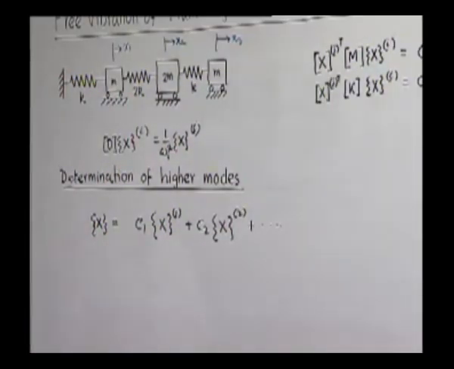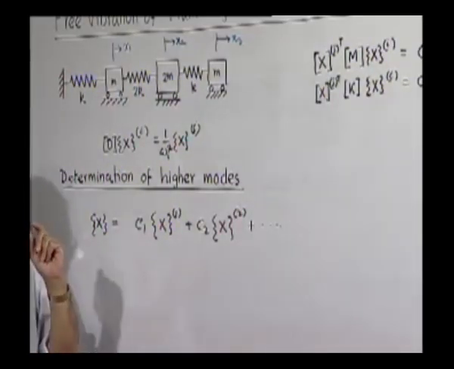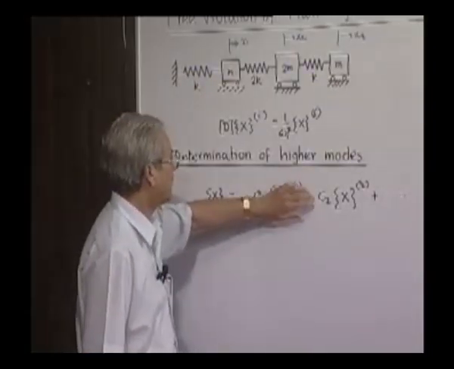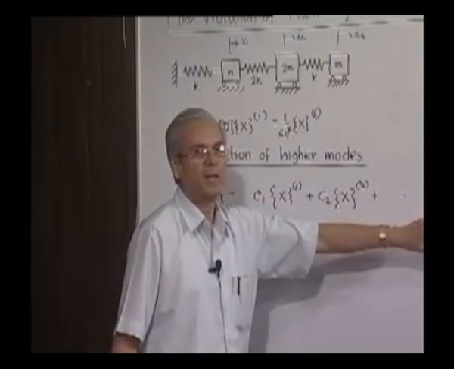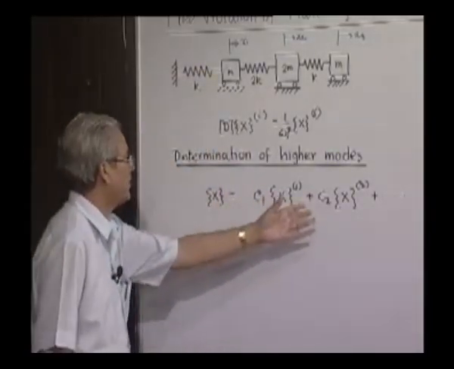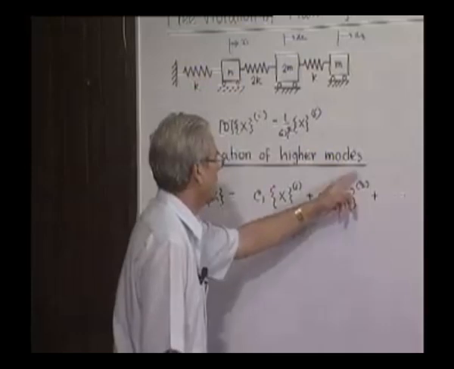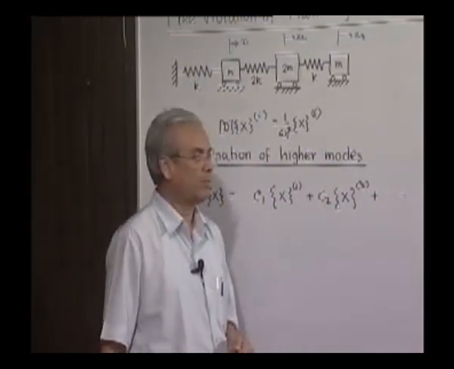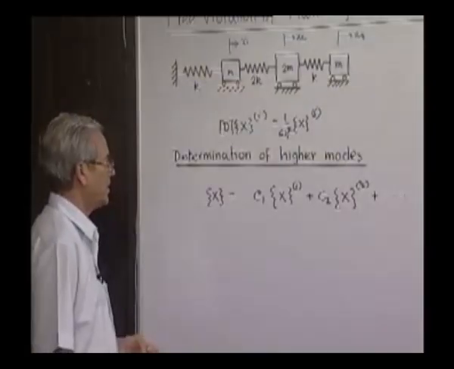If we could somehow make C1 0, then our assumed shape would have started from the second term. And if we repeatedly pre-multiply this by D, then the whole thing will converge to the second mode, and we will get the second natural frequency.